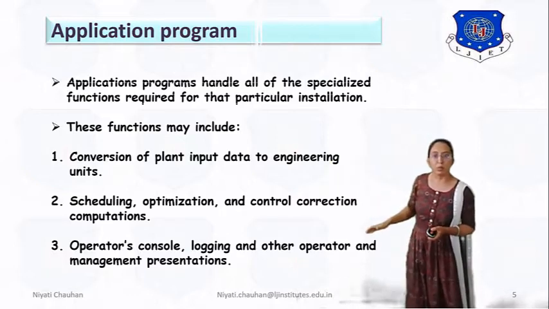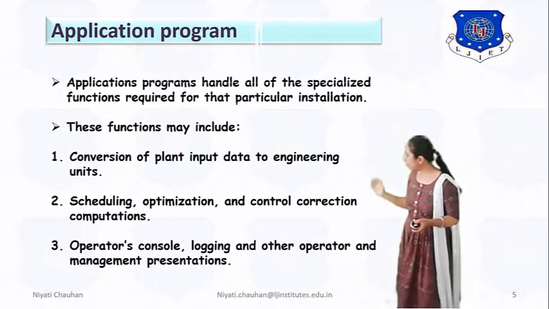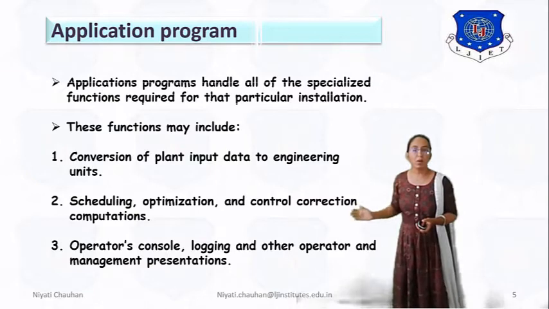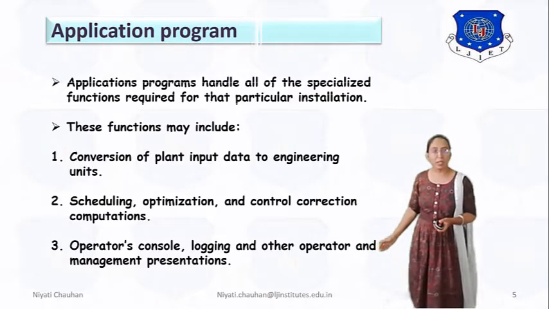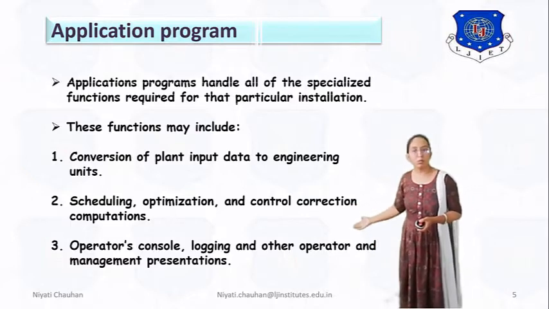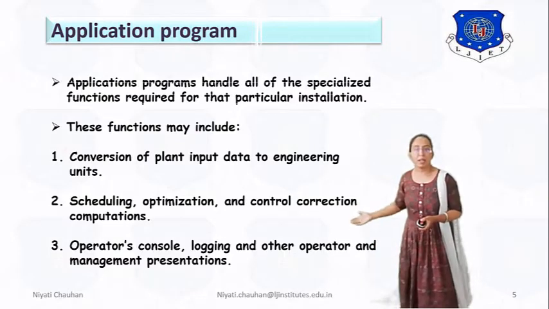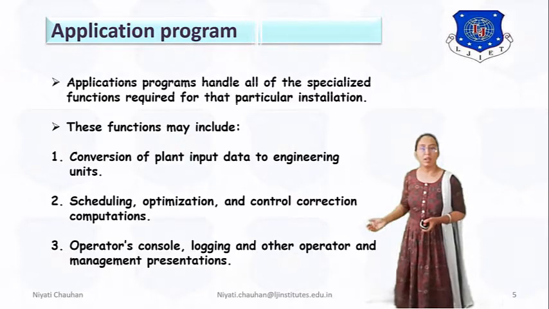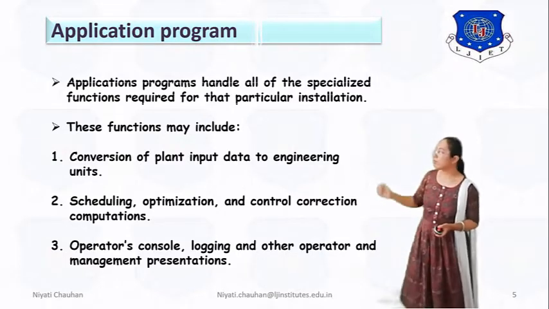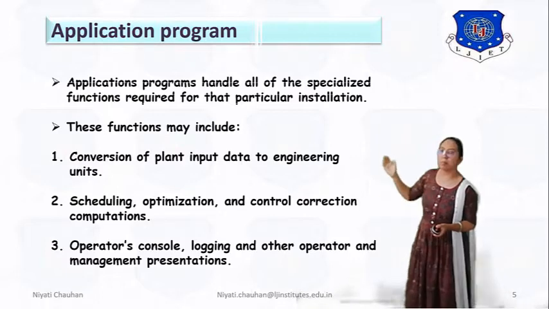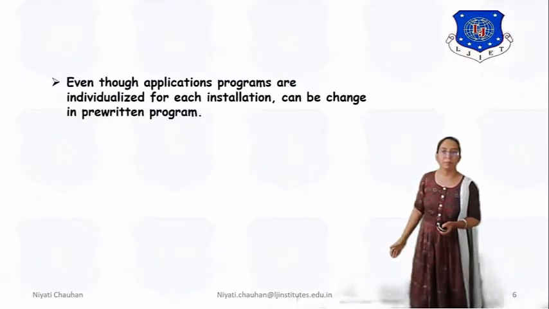Then number 2, scheduling, optimization and control correction computation. And number 3, operator's console, logging and other operator and management presentation. So these are some functions included in the application program.